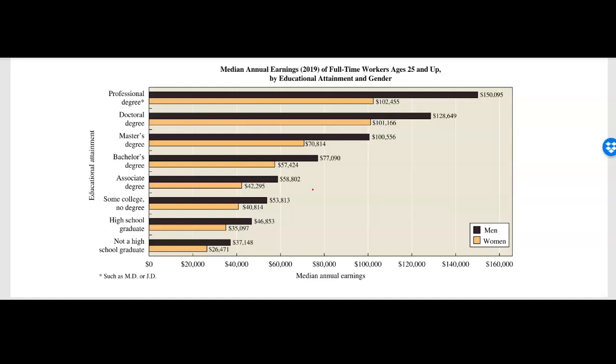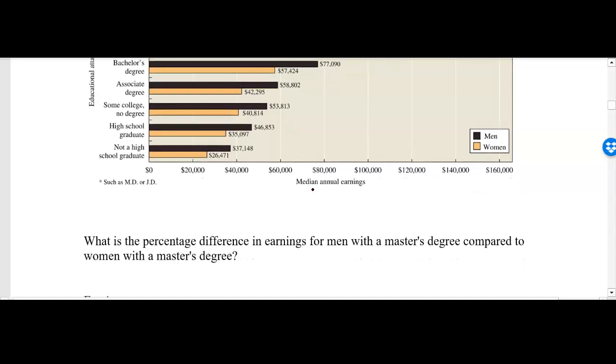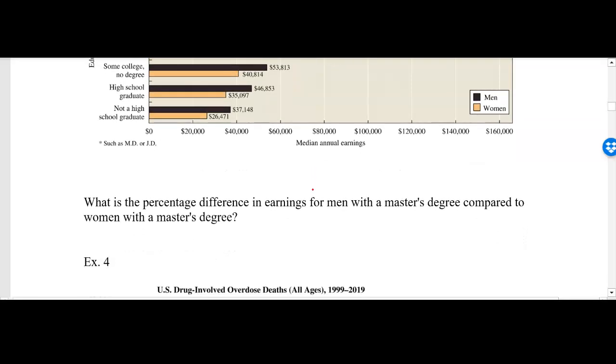All right, now let's see what the example is asking us, or the question. It says, what is the percentage difference in earnings for men with a master's degree compared to women with a master's degree? All right, so I'm going to just slide this up for a minute because I want to write a formula down here. We want to find the percentage of the difference for the men with a master's compared to women.